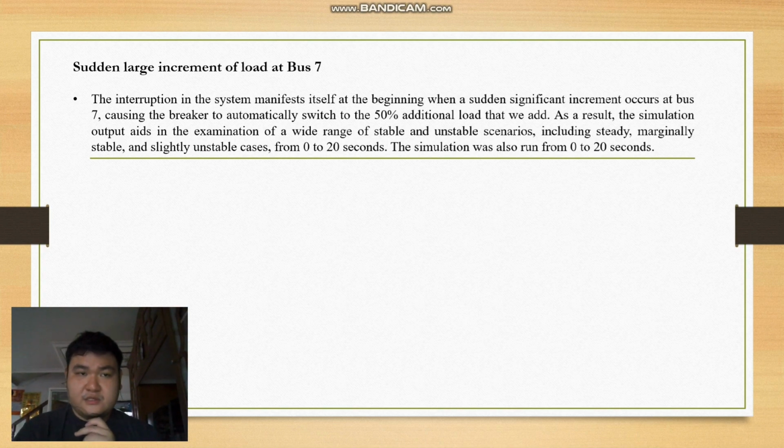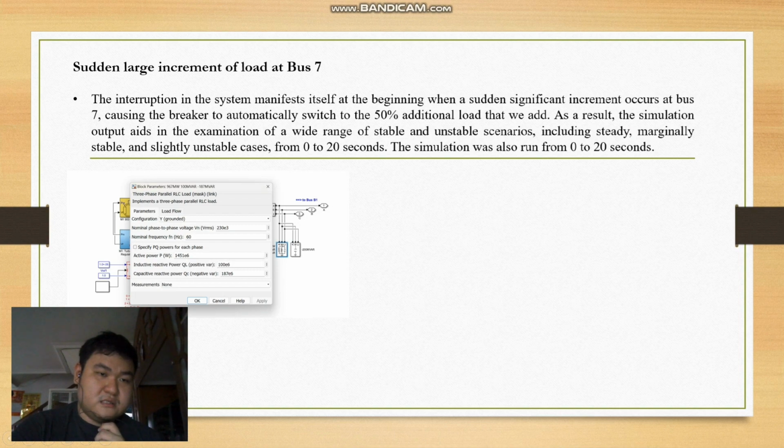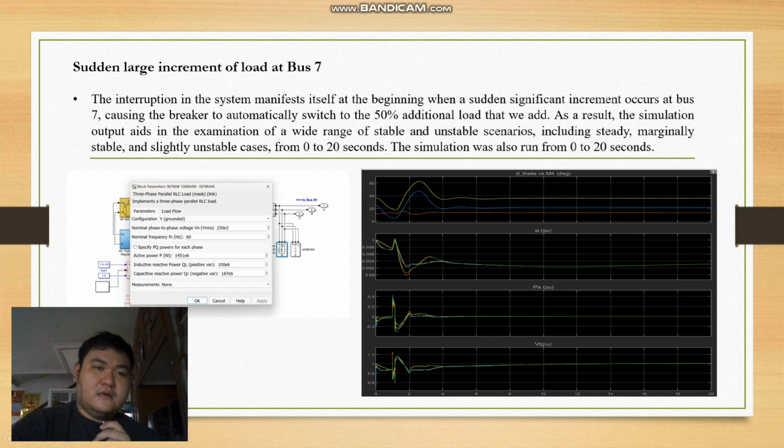As a result, the solution outputs the examination of a range of stable and unstable scenarios, including steady, marginally steady, and slightly unstable cases, for 0 to 30 seconds. This is how we change the volume to increase the power. After that, this is the result for the large increment of load at bus 7.